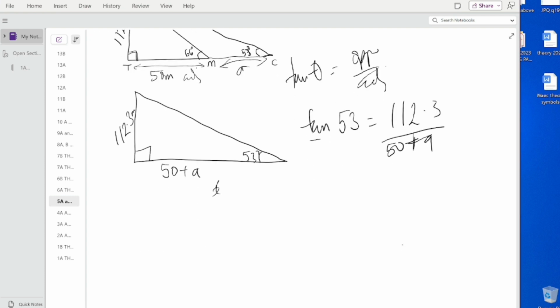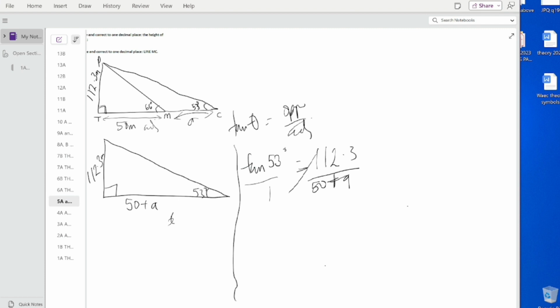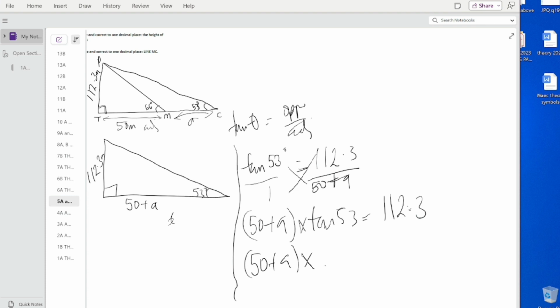We can say tan 53 over 1. Then we'll cross multiply. We have 50 plus A in bracket times tan 53 equals 112.3. We can find tan 53 and not open the bracket. So you have 50 plus A times tan 53, which is 1.3270, equals 112.3.